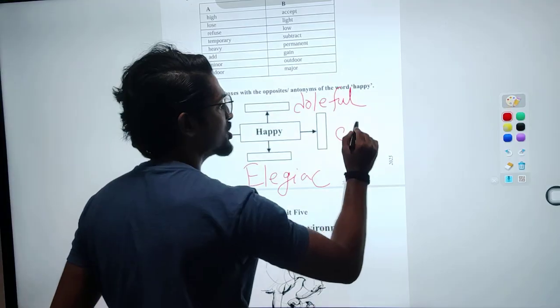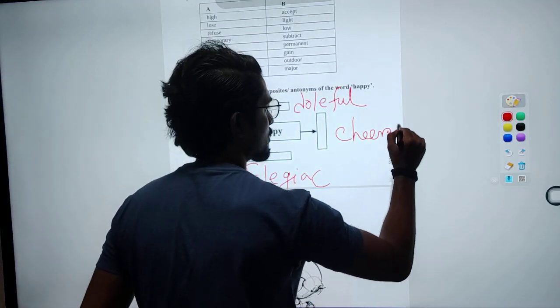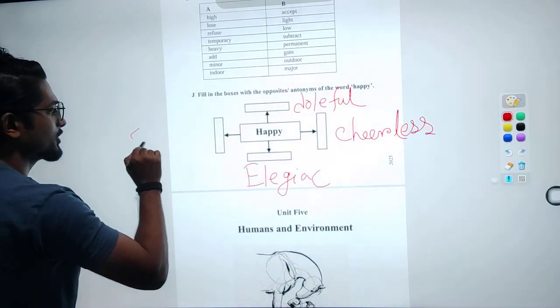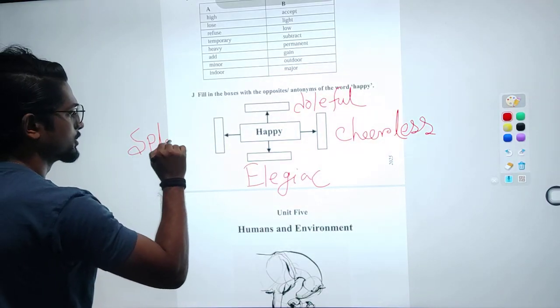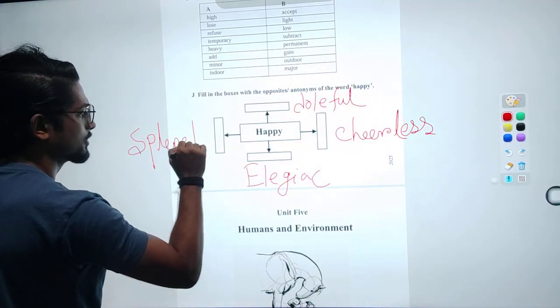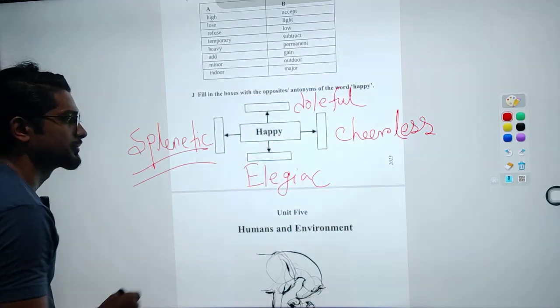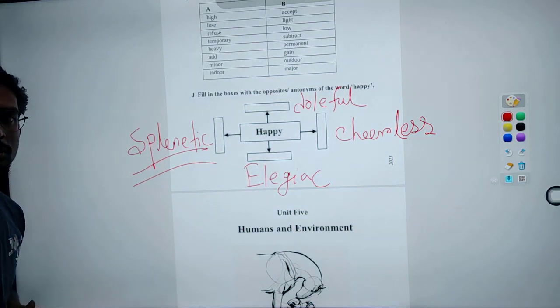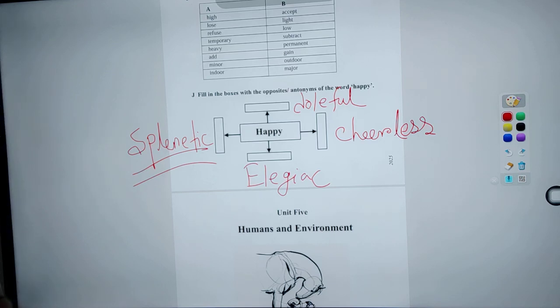The next one is cheerless. The next one you can write lunatic. So these words you can write, or you can write words of your own. Please note it down.